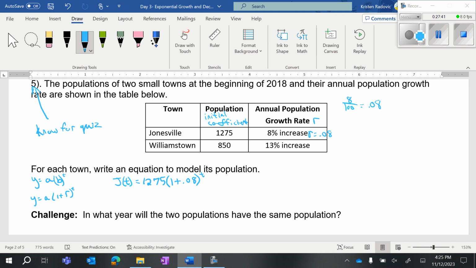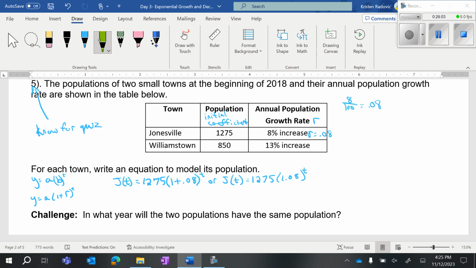If you would like, you could write this as 1,275, your initial value, times 1.08 to the t. Your base is greater than 1, so you know that you're increasing.